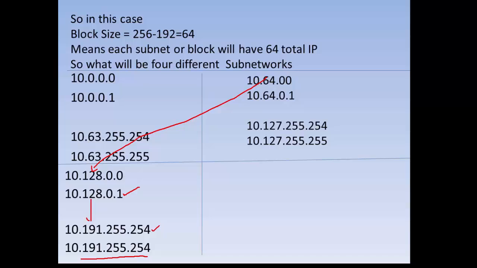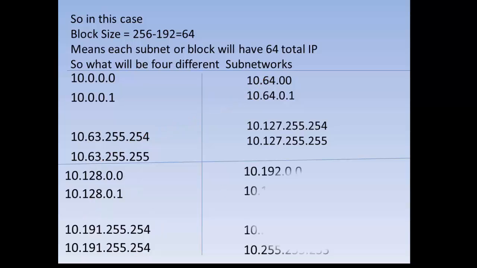Here also the difference of 64 between them. And the last will be 192. It goes up to the first valid IP, network ID, valid IP range. Again you can see the difference of 64 here, and the last broadcast will be this one. So this is the A class subnetting.